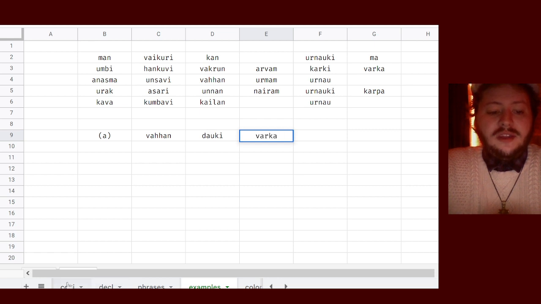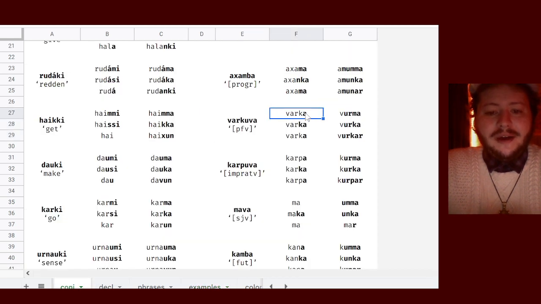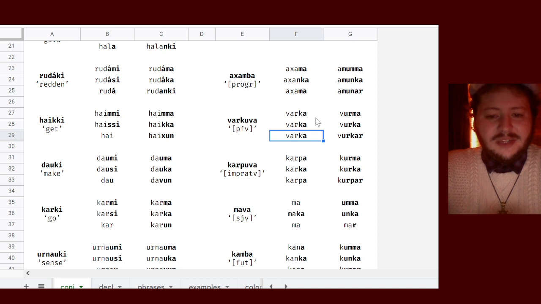Now, you might have noticed that varka is the same for all three singular persons, first person, second person, and third person. Like, I did something in the past, and it's done. Or I am doing it, or I just did it now, and it's done. So I complete an action, you complete an action, someone else completes an action, are all the same.